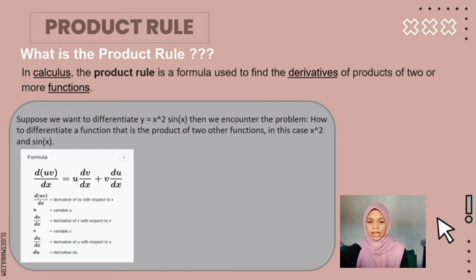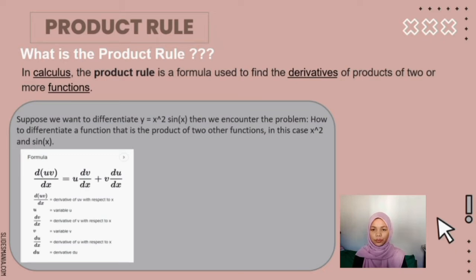As you can see, d(uv)/dx equals u dv/dx plus v du/dx. So d(uv)/dx is the derivative of uv with respect to x. And u is the function u, and dv/dx is the derivative of v with respect to x, and v is the function v, and du/dx is the derivative of u with respect to x.